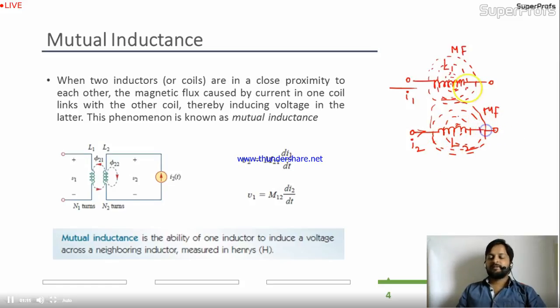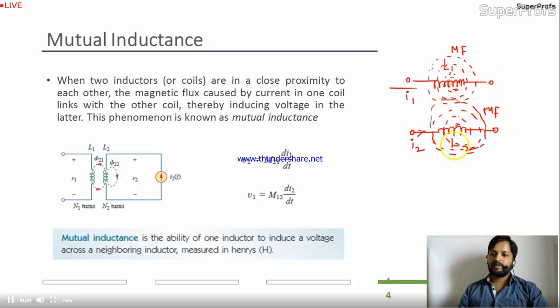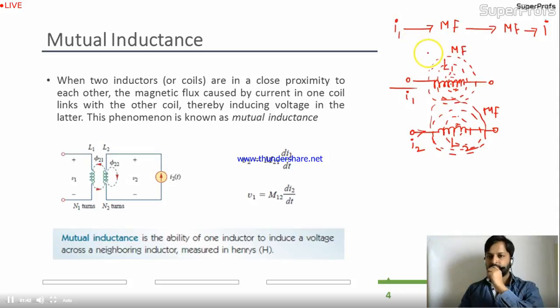It means I can say the magnetic field of coil L1 will affect the parameters of L2, because the magnetic field of L1 will link to L2. Because of I1, I am getting magnetic field, and in an inductor, if we change the magnetic field, we get current.